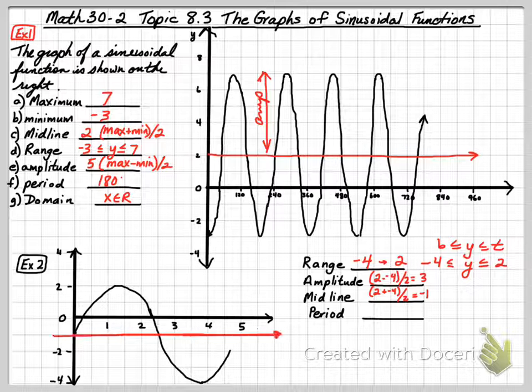We can draw that in. And now you can see that the period, it starts at 0, it's halfway at 2.5, so therefore the period to get one complete cycle would be 5. And there we have how to read our characteristics from our graph.